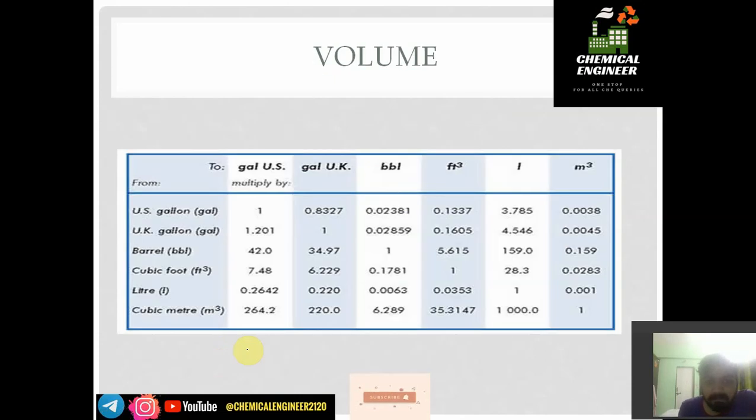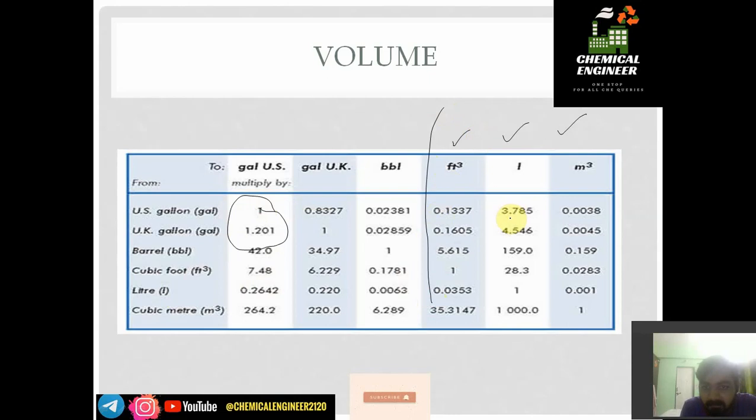Then in volume we have to convert into feet cube, meter cube, centimeter cube, and liter. So the last three tables are important. Similarly, 1 US gallon equals 1.2 UK gallon, this you should remember. Nothing else we have to remember.